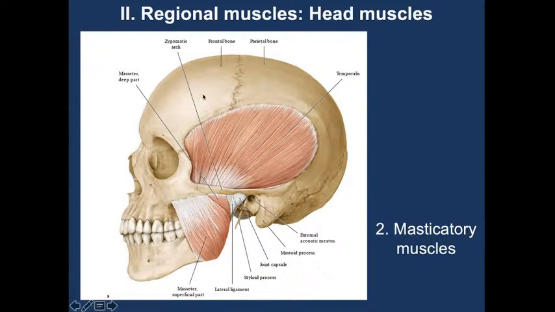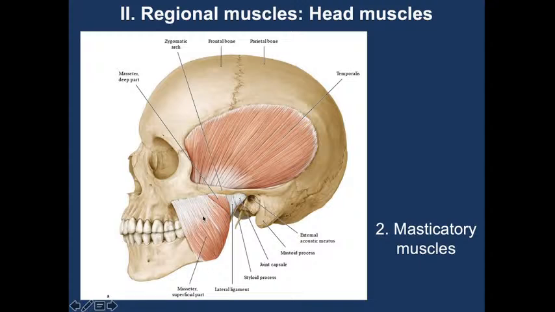And the second group of head muscles is masticatory muscles. There are only four muscles in this group. Two of them are located on the lateral part of our skull.